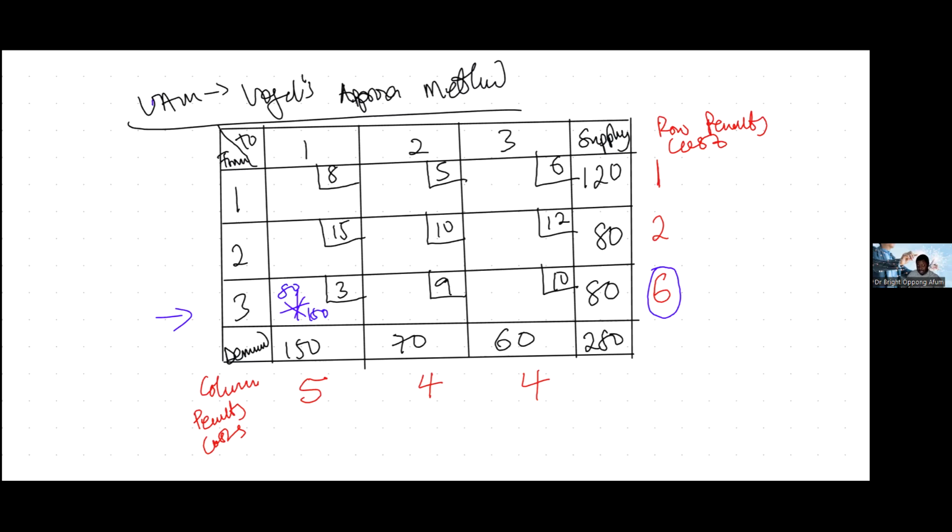So the minimum value that must be allocated to satisfy both the supply and the demand will be 80, right? So we have to allocate 80 in this region.